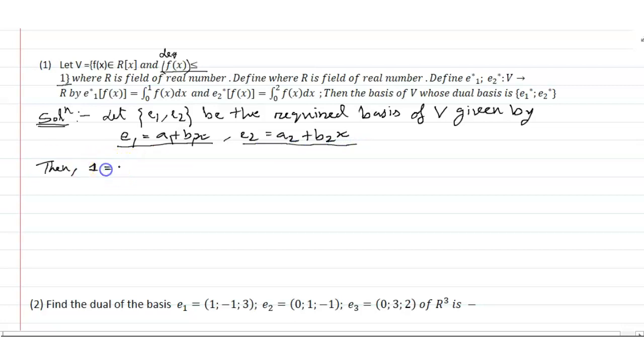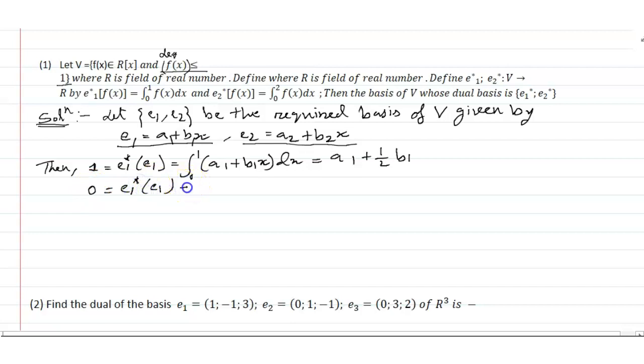Then 1 equals E1 star E1, which equals the integral from 0 to 1 of (A1 plus B1x) dx, equals A1 plus half B1, and 0 equals E1 star E2, equals the integral from 0 to 1 of (A2 plus B2x) dx, equals A2 plus half B2.